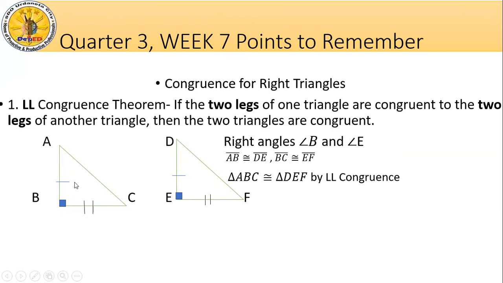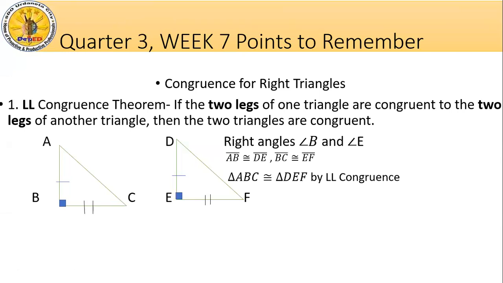Therefore, triangle ABC is congruent to triangle DEF by LL congruence. Can you still recall which congruence postulate is similar to this? Very good. This is similar with the side angle side or the SAS congruence.